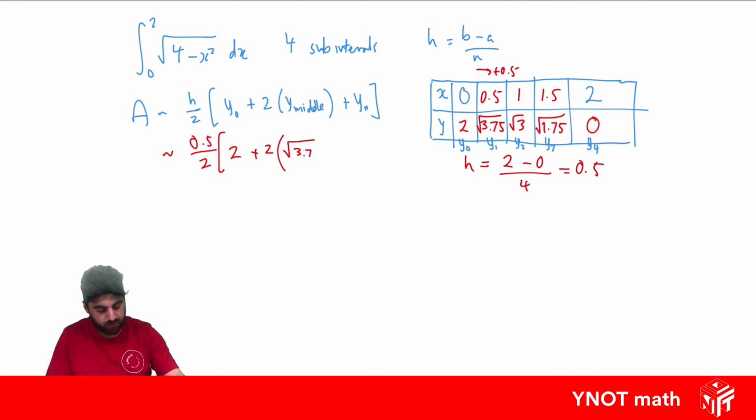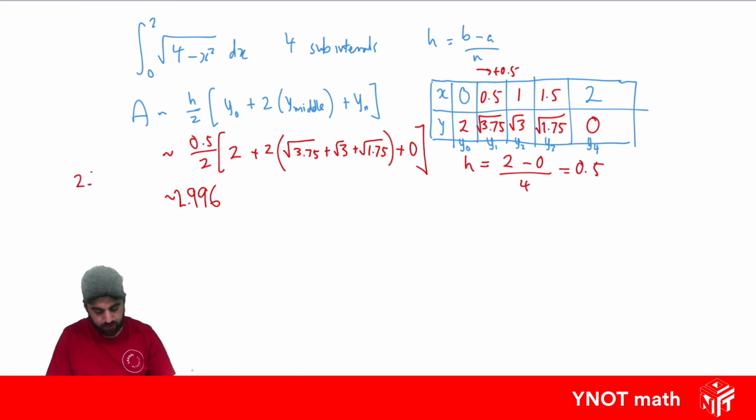So we get root 3.75 plus root 3 plus root 1.75. And then finally, we're just going to add our last y value in. And that can all go in the calculator, and you'll get approximately 2.996 as your approximation to the area for that quarter circle.